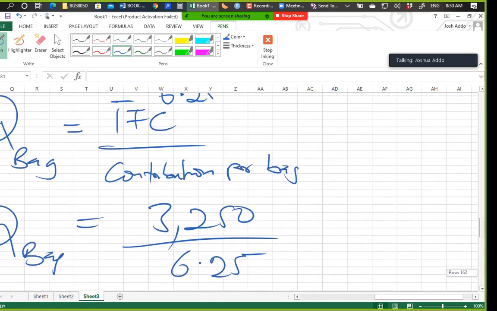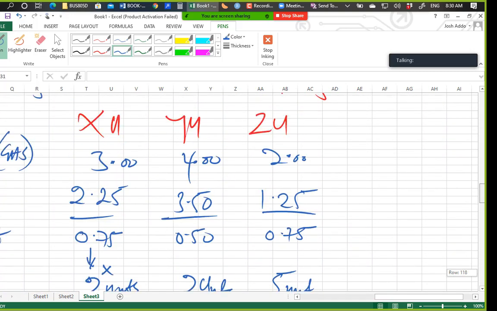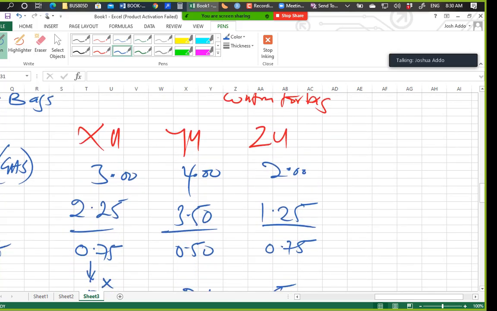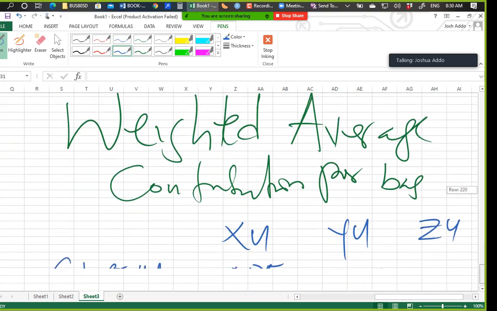Let's go back to that calculation. Yes, 0.75, 0.5, 0.75. That is their unit contribution.